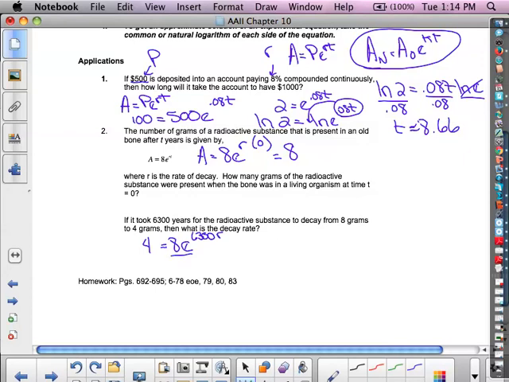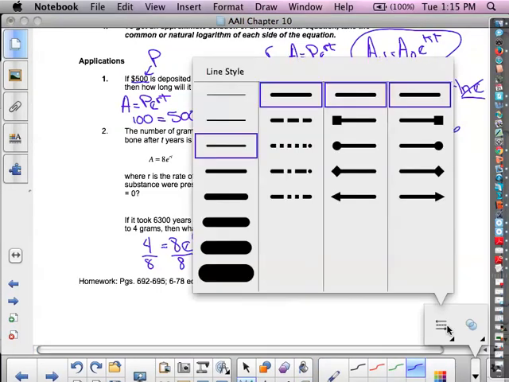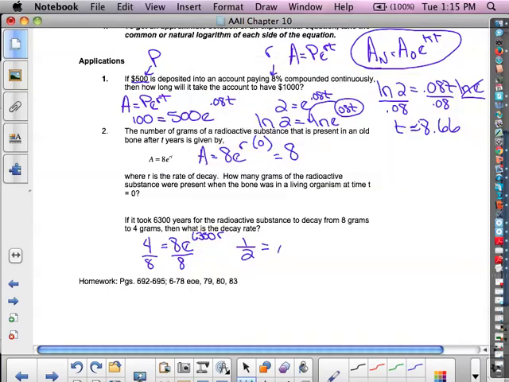Again, I'm going to divide both sides by 8 so I can isolate e. So I have 1/2 is equal to e to the 6,300r.